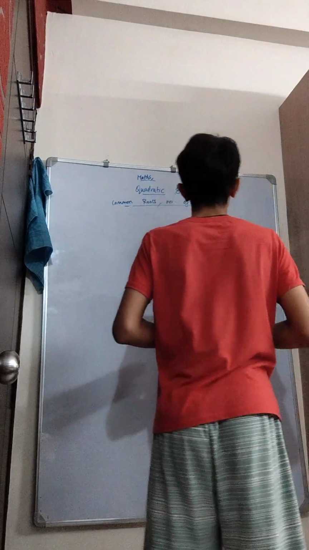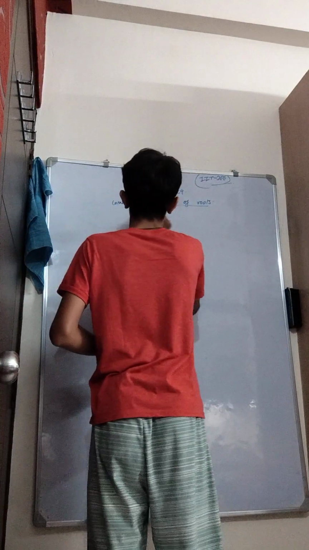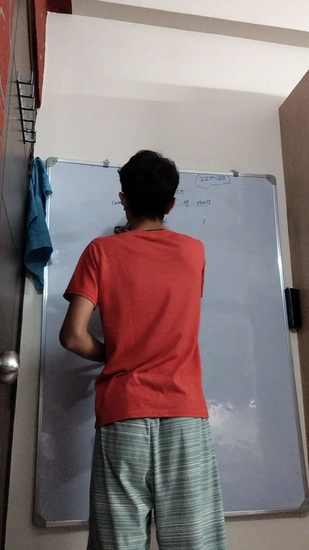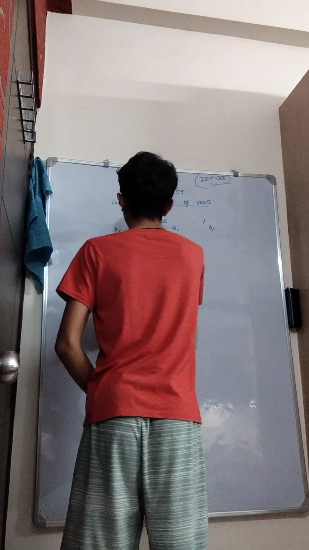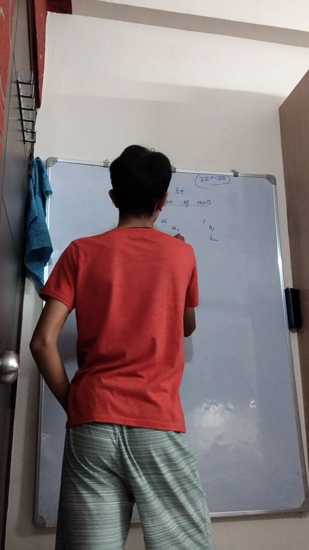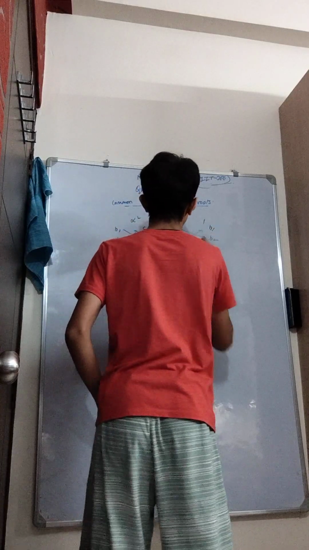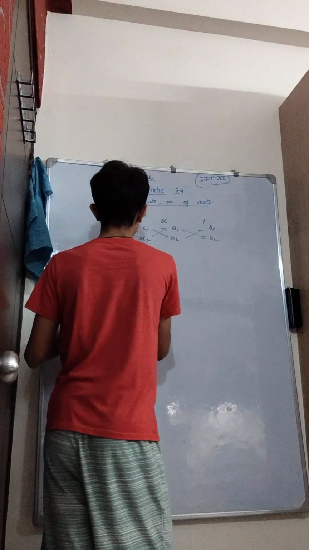Now 10th standard people may have learned linear equations in two variables. So alpha square, alpha, 1, and b1, c1, a1, b1, b2, c2, a2, b2. Now cross multiplication, you have to think of it as a linear equation in two variables.